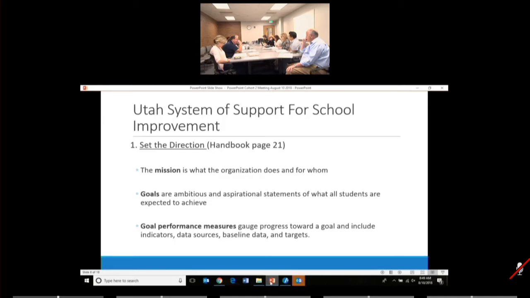The mission is what the organization does and for whom, and I love the for whom. Goals are ambitious and aspirational statements of what all students are expected to achieve. Goal performance measures gauge progress toward a goal and include indicators, data sources, baseline data, and targets.